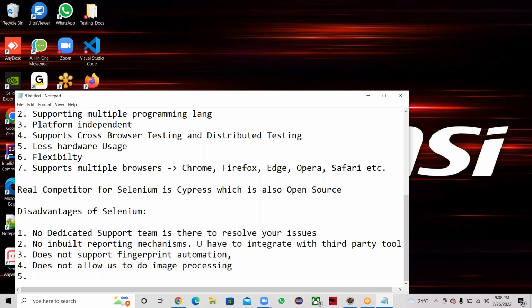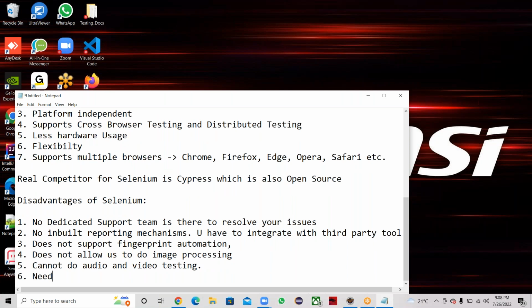Image processing, fingerprint automation, cannot do audio and video testing. Clear? Another disadvantage is that it only supports web automation. If you want to do mobile automation, then you need to use a tool called Appium, which is derived from the Selenium family. Clear?